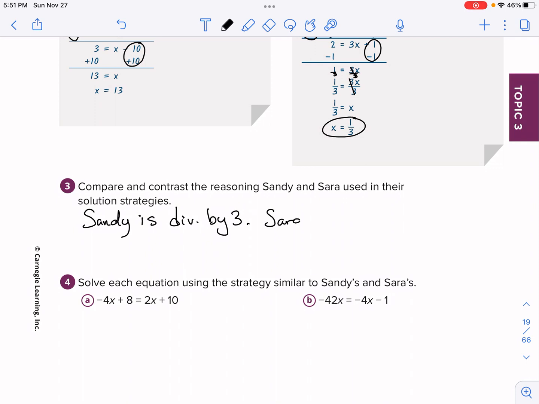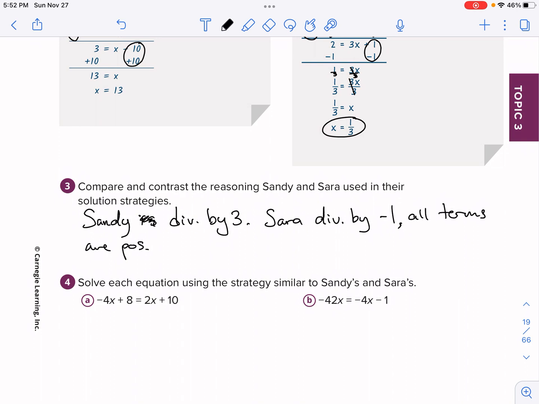And then Sarah divided by negative 1. Right, she did this, actually I'll put a comma, so that all terms are positive. Okay. So, you can go through varying strategies that way.